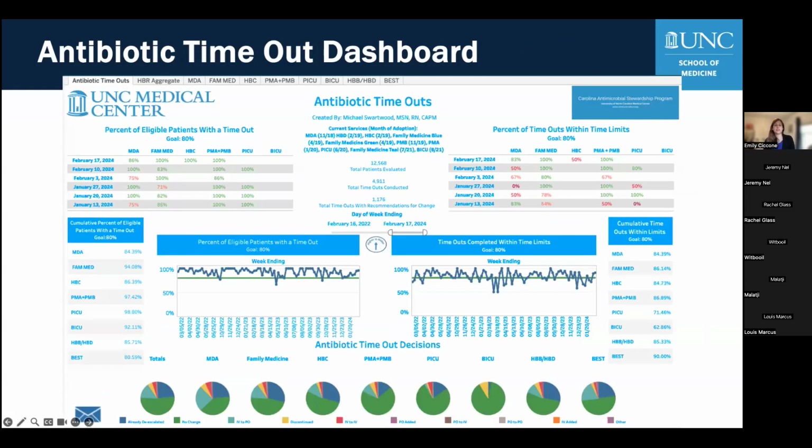So this is a slide with very small font, but this is basically to show you the dashboard that was generated from those smart phrases about antibiotic timeout since this program started in 2018. And basically, our goal was to have 80% of appropriate patients receive a timeout in a timely manner, and almost all of the services achieved that.